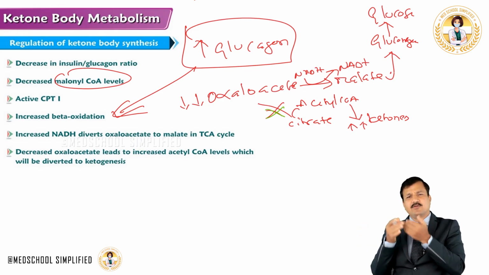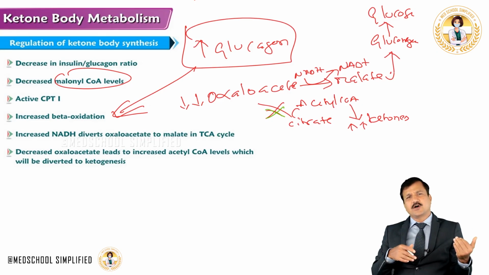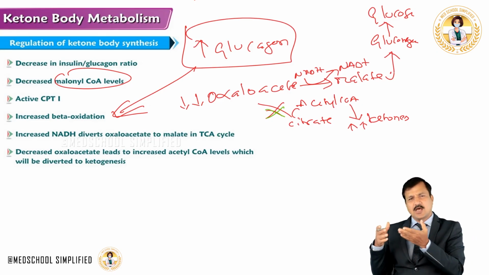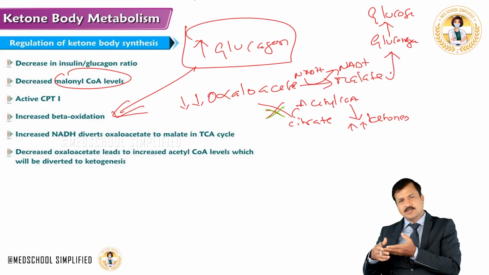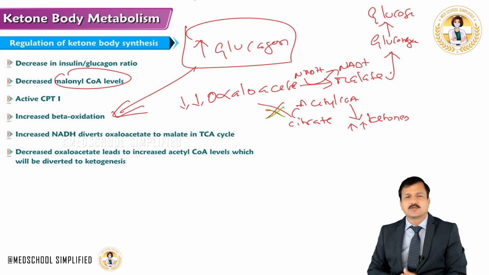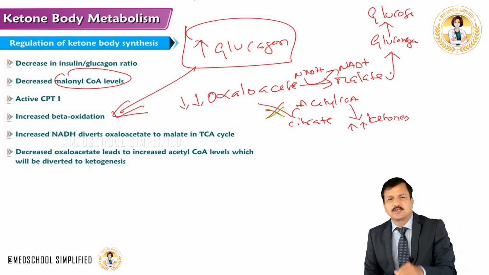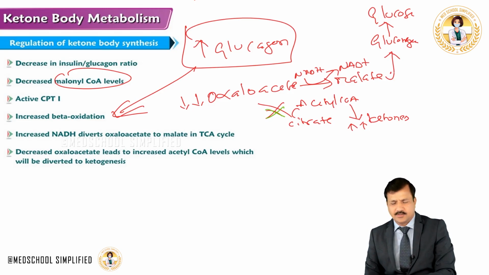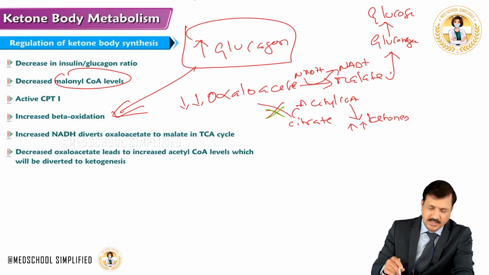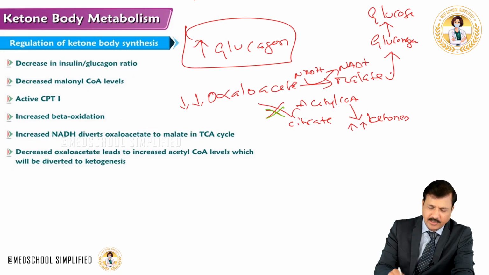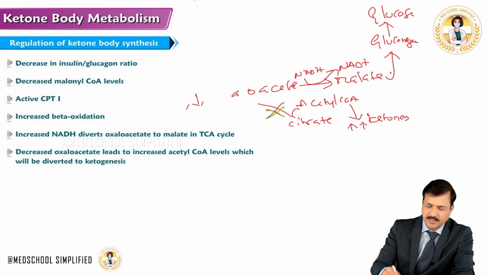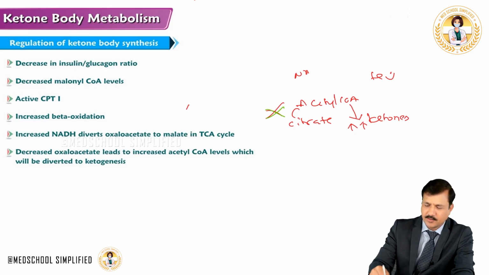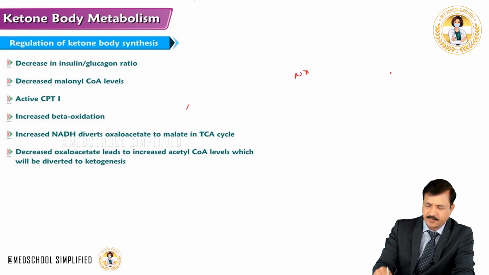So the acetyl-CoA will build up in the lack of oxaloacetate. This acetyl-CoA now, because it's not going into the TCA cycle, is diverted into ketone body formation. This is a kind of regulation that will be going on during fasting condition in the hepatocyte mitochondria. Remember that.